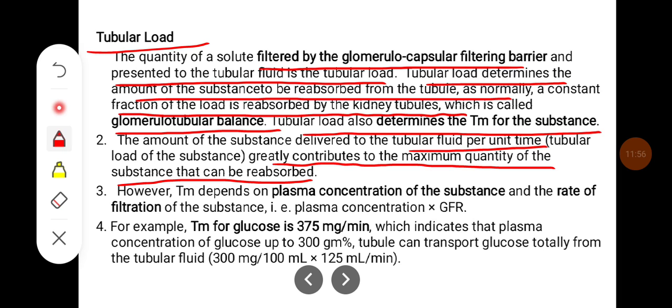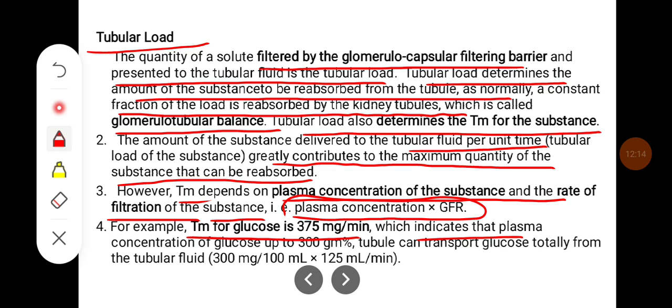However, transport maximum depends on the plasma concentration of the substance and the rate of filtration of the substance, that is, plasma concentration times GFR. For example, the transport maximum for glucose is 375 milligrams per minute, which indicates that when the plasma concentration of glucose is up to 300 gram percent, the tubule can transport glucose totally from the tubular fluid.